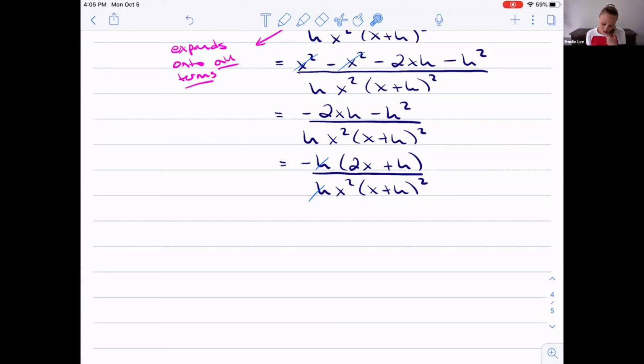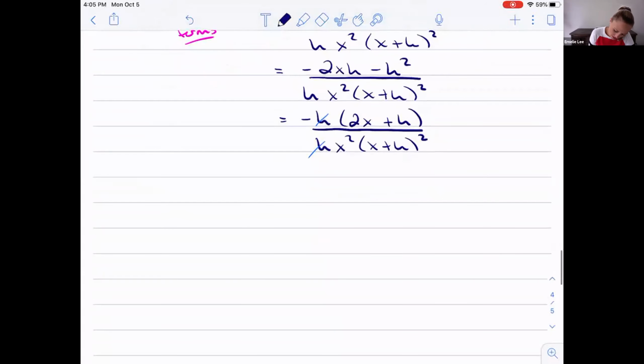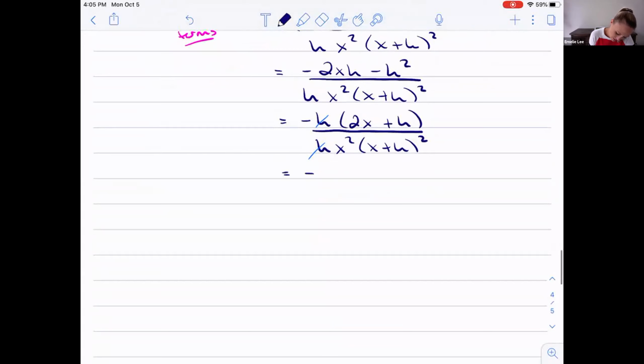So it doesn't look like it. That's all right. I'm ready to commit. My final answer: negative 2x plus h over x squared times x plus h squared.